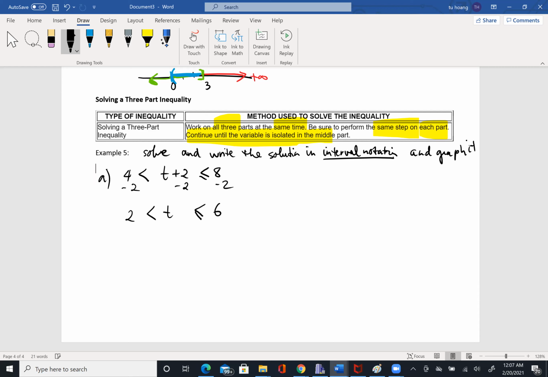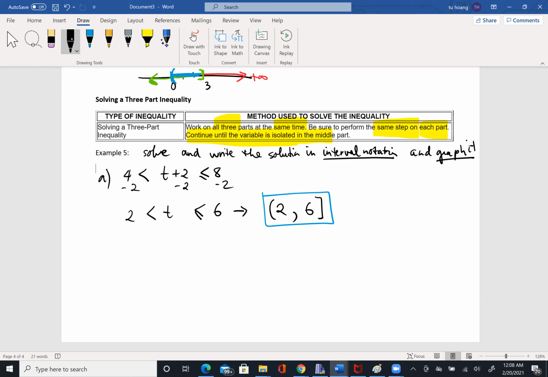For this one, if I want to change it to interval notation, I rewrite it: the smallest number is 2 and not included, so a parenthesis, comma, then the highest value is going to be 6, but it is included, so a bracket. So that is the solution using interval notation.